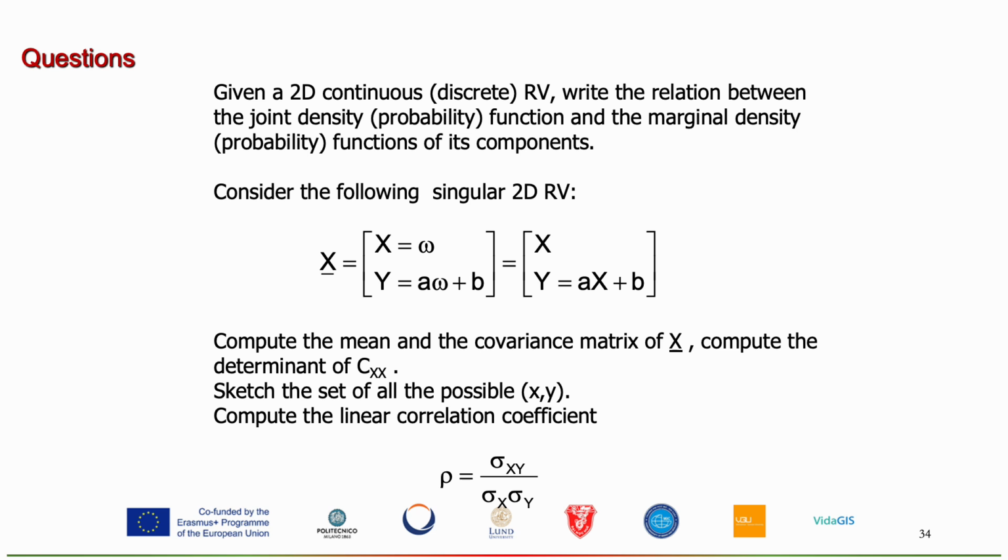Consider the following singular two-dimensional random variable X composed by x equal to omega and y equal to a omega plus b. Compute the mean and the covariance matrix of X, compute the determinant of Cxx. Sketch the set of all the possible X values and compute then the linear correlation coefficient.